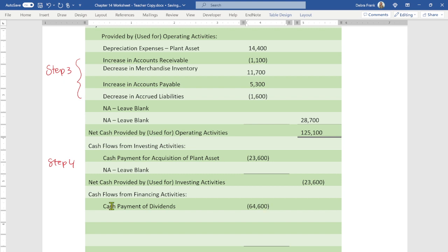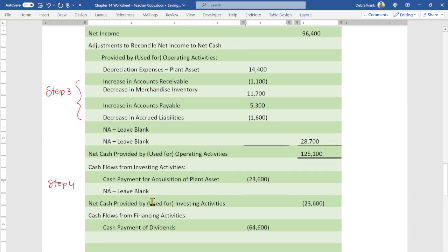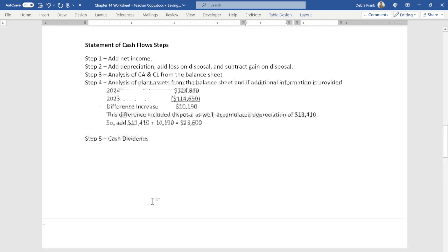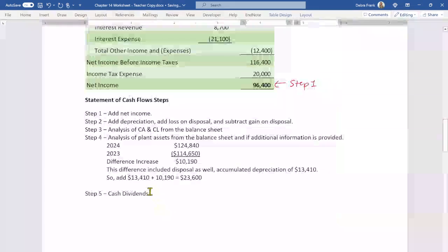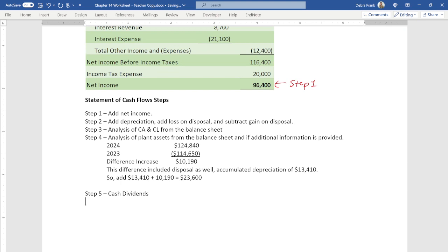All right, next let's look at our long-term liabilities and see if we have any to analyze there. So step 6, if we were writing these steps out. Long-term liabilities analysis.